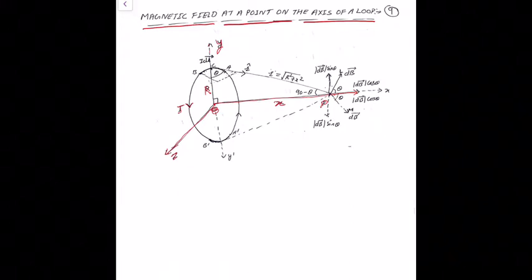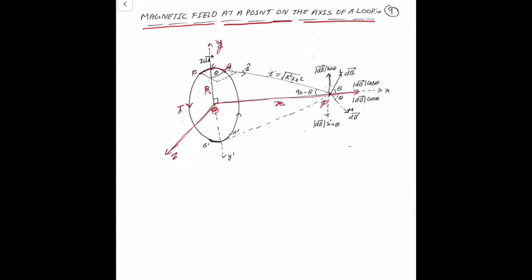In order to do so, consider a small length AB equal to dl of the loop. Join the point P to the middle point C of the current element I dl. Here point C joins point P.